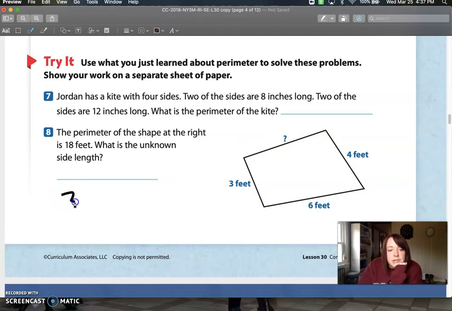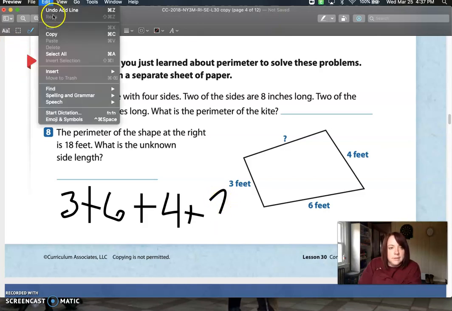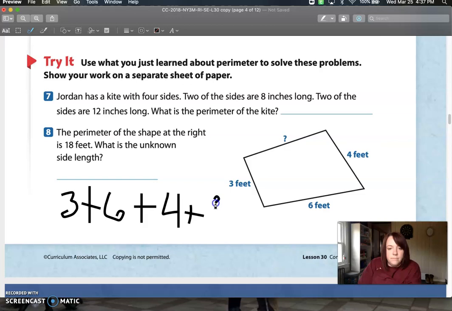So we need to do 3 plus 6 plus 4 plus question mark equals, and we said it's 18 feet.